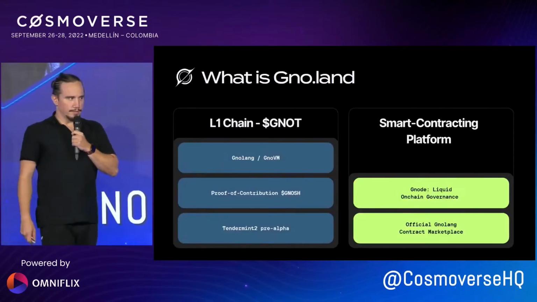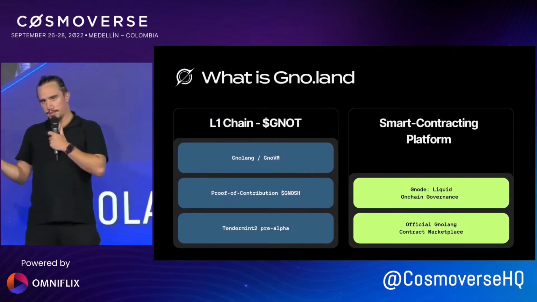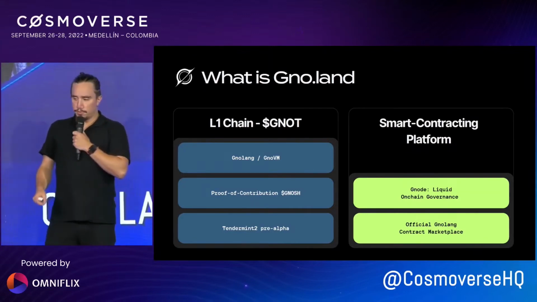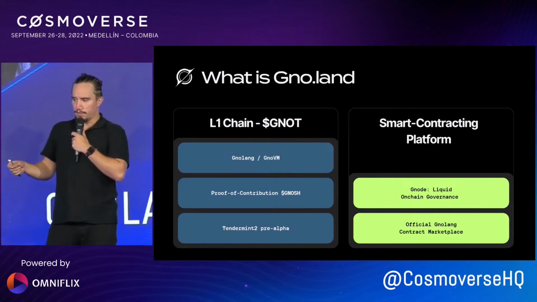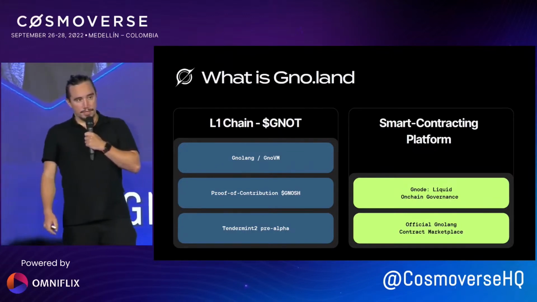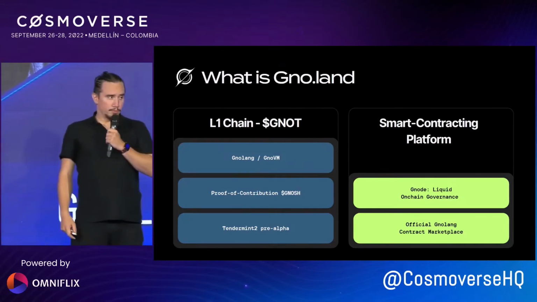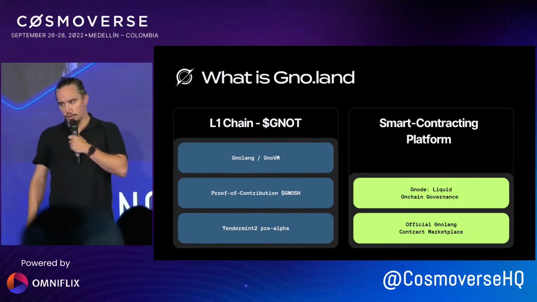So what is Gnoland? Gnoland is one chain, which is based on Gnolang, the language we developed, that will be used for other chains, but we are currently having only one chain with Gnolang, which is Gnoland, with a GNOT token. The Gnoland chain won't use proof of staking or proof of work, but proof of contribution.